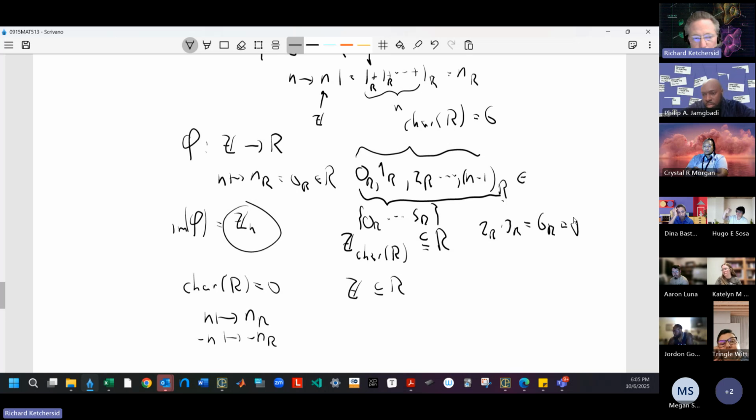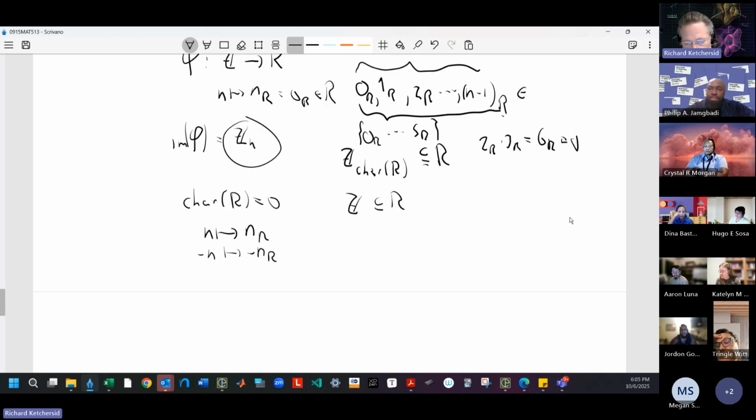Right, so that's why if the ring is an integral domain, then the characteristic has to be prime for exactly that reason, right?